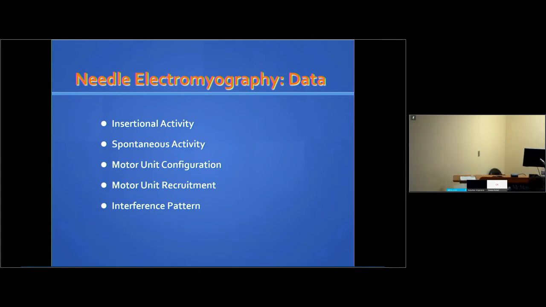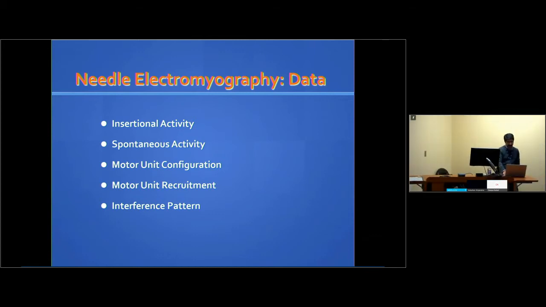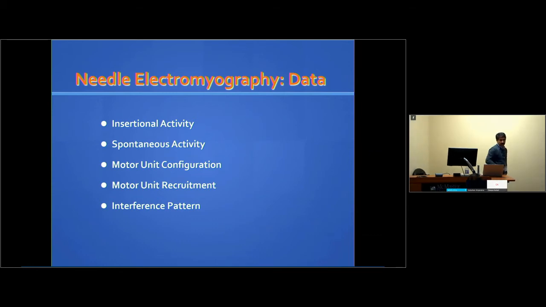It comes from muscle fibers, and that is what we commonly see as fibrillation potentials and positive sharp waves. We can also see fasciculations, myotonic abnormalities, and changes like myokymia. They help us determine what could be the inciting force for the pathology.